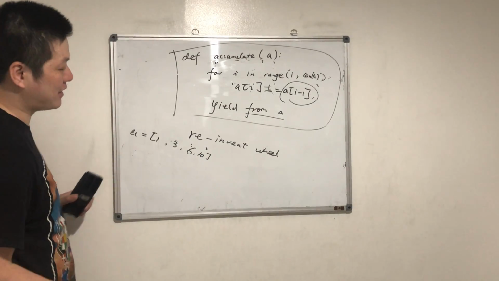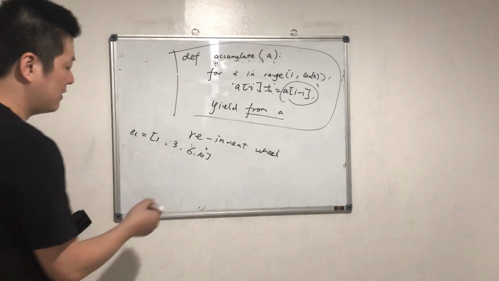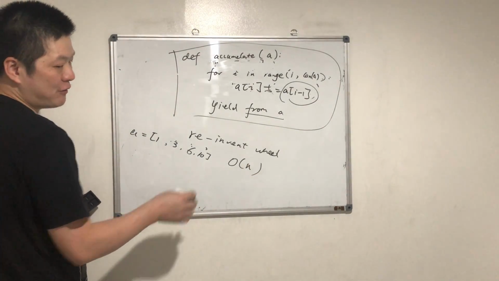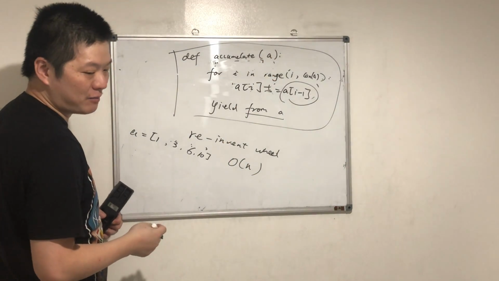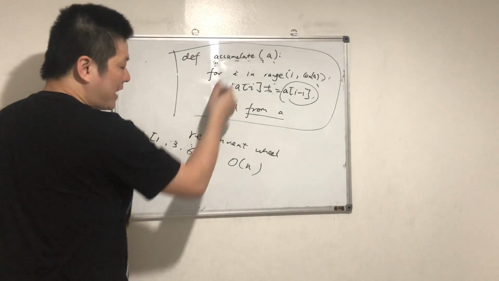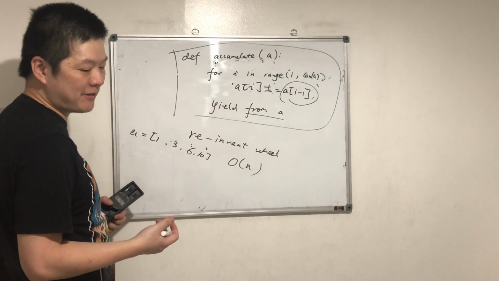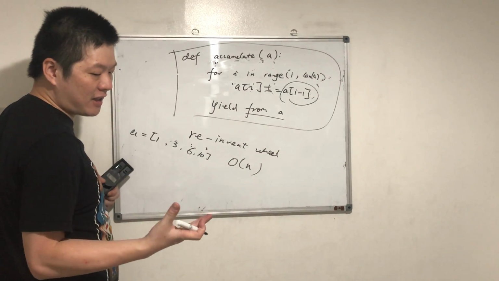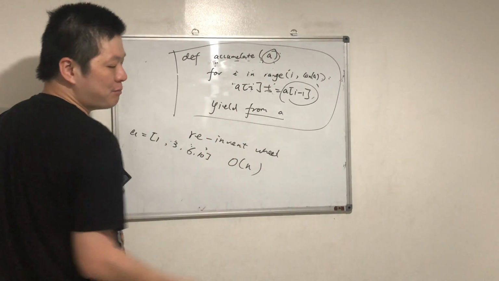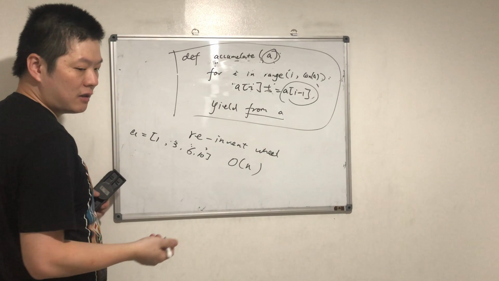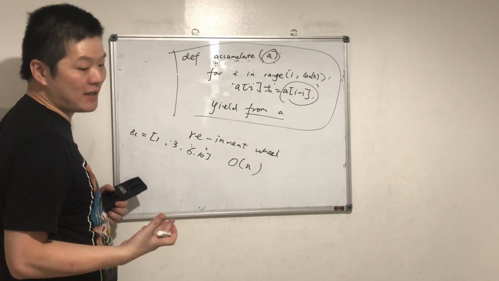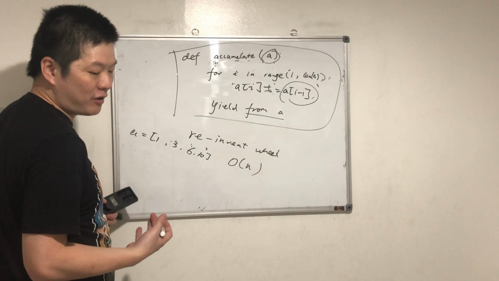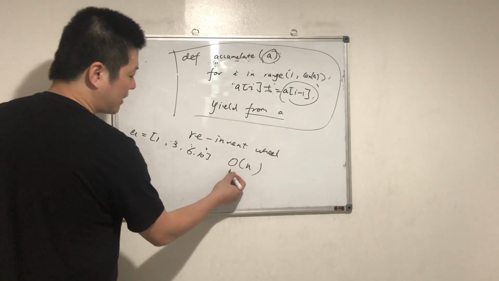What's the time complexity? O(n). What's the space complexity? If we are modifying the input, what's the space complexity? We are not using any additional array, so O(1), constant. I just said that.